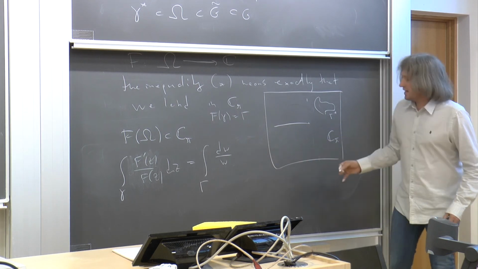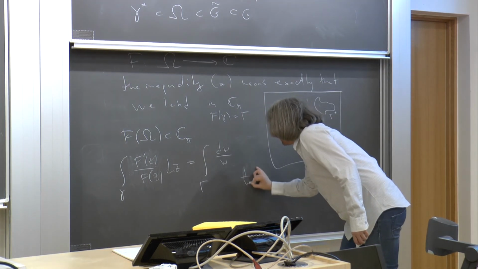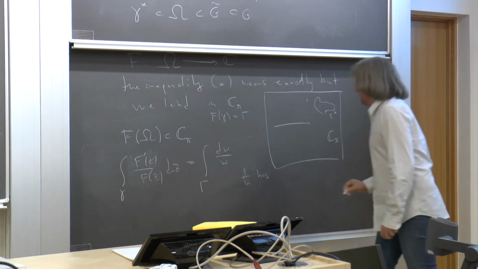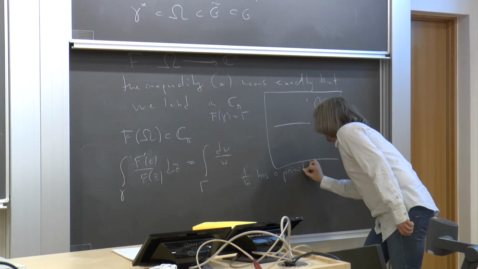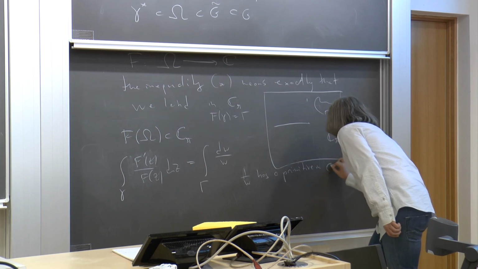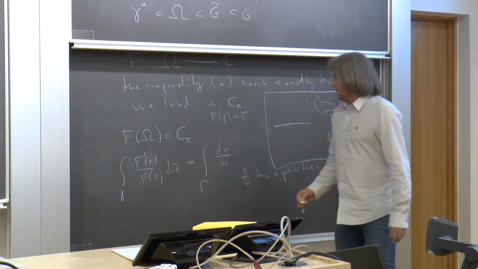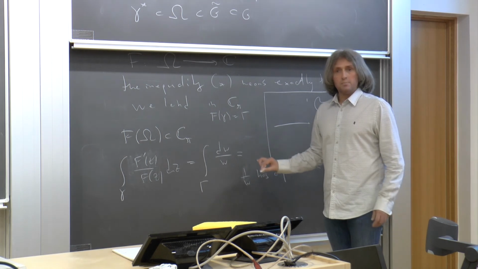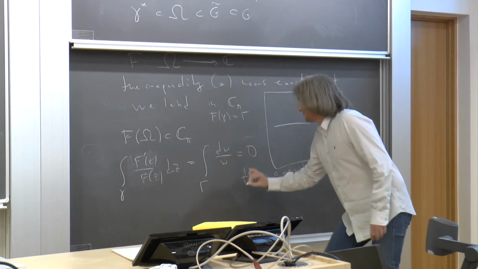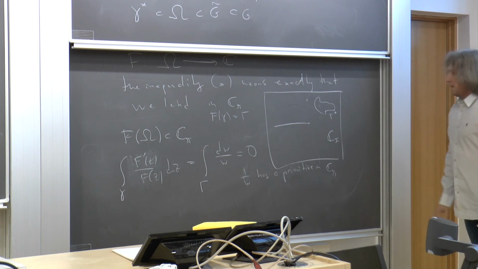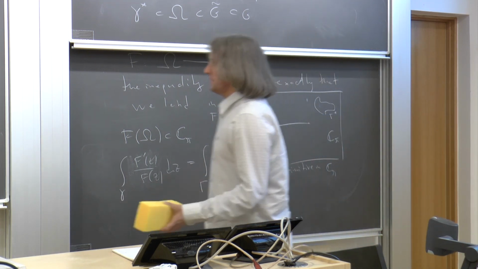So we are inside the area where 1 over w has a primitive. So then this integral is 0, because this is a closed path. Okay, now let's open up what we obtained.